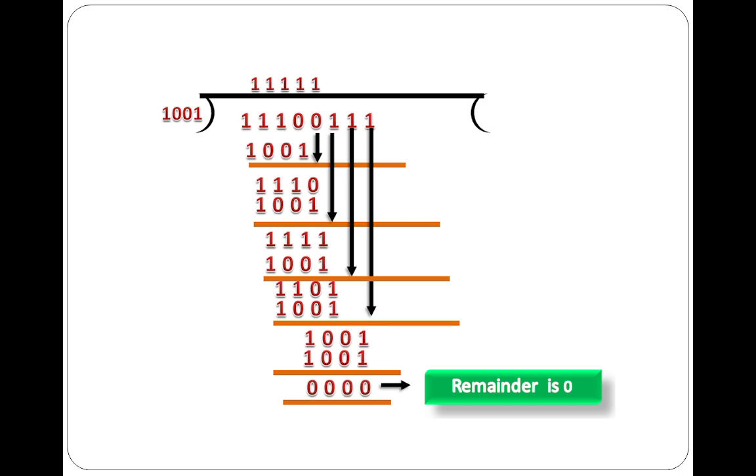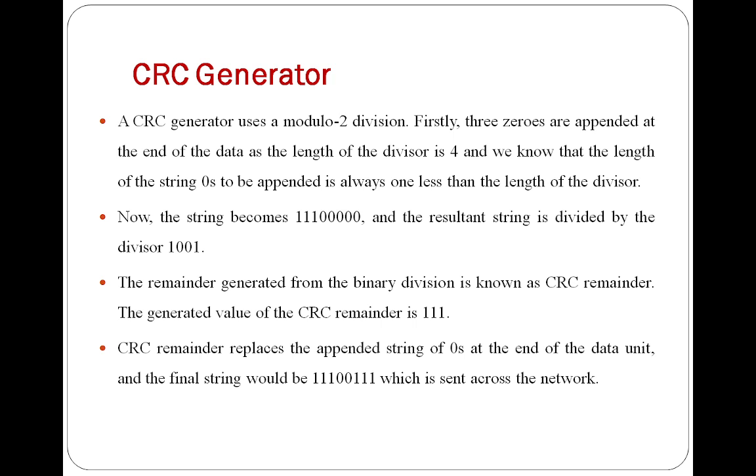I hope you have clarity about that. This is the actual explanation of what we discussed in the diagrammatic representation. This is the original data, the original message, to which 3 zeros have been appended. After division, the remainder value we get is 111.